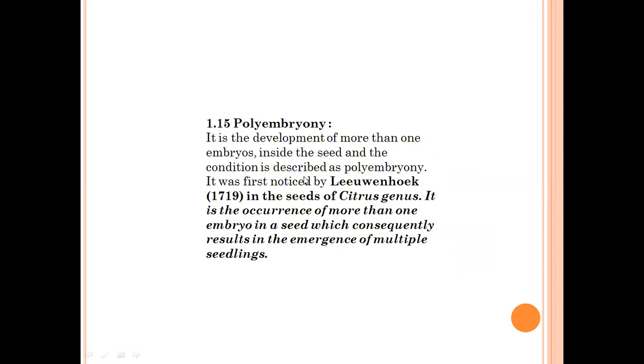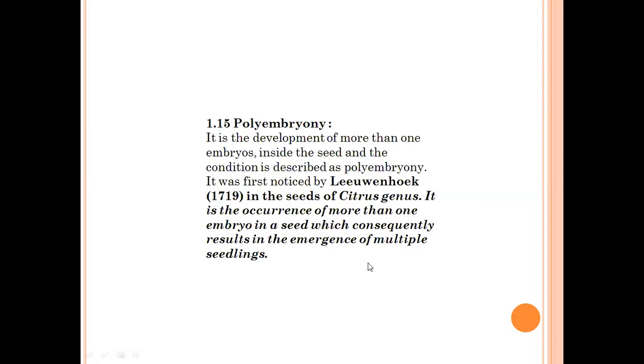So Leeuwenhoek is the scientist who first observed these seeds inside the citrus. It is the occurrence of more than one embryo in a seed, which results in the emergence of multiple seedlings. This means that from a single seed you can get more plants.